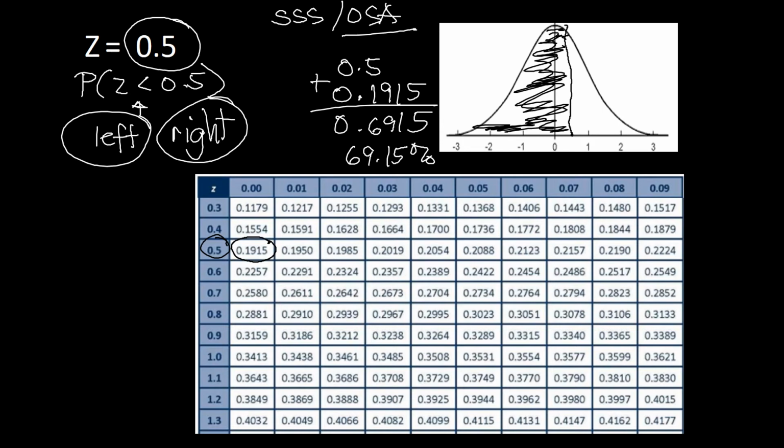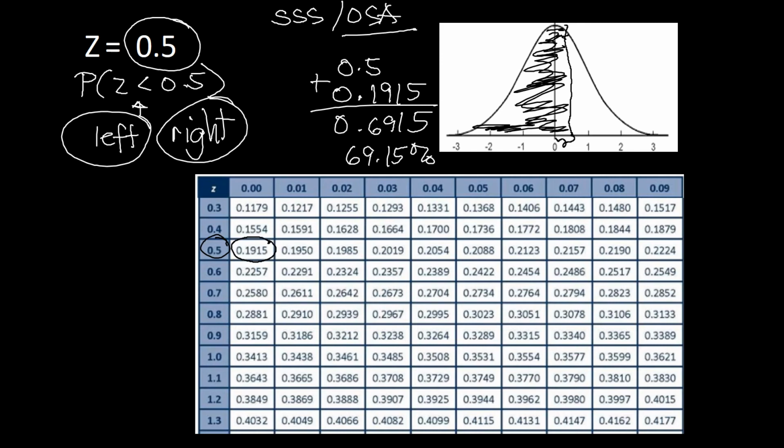And since your area is not connected to the center, or it does not begin with the center going to the left side, that means we're simply adding the area from 0 until 0.5 with the entire area on the left curve, which is 0.5. So that is why it is correct when we're adding 0.5 and the 0.1915. Okay? So I hope that works fine.